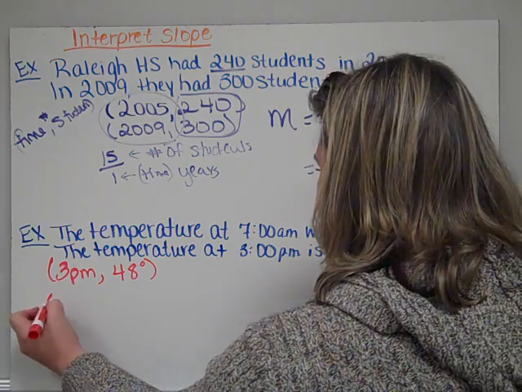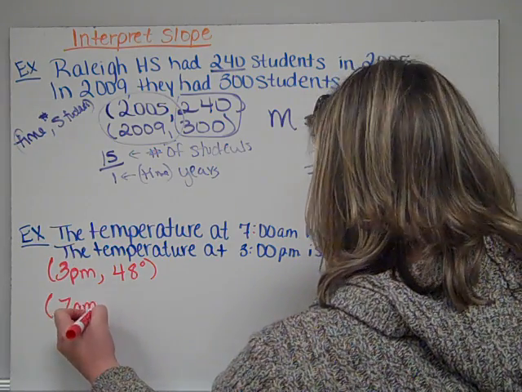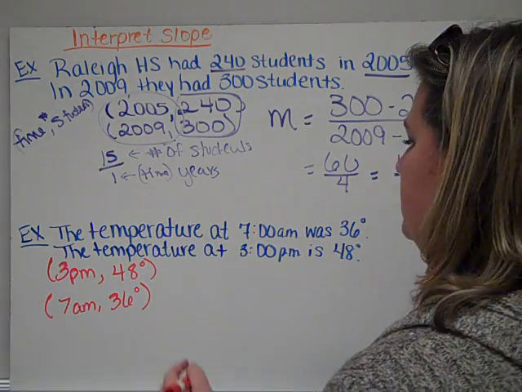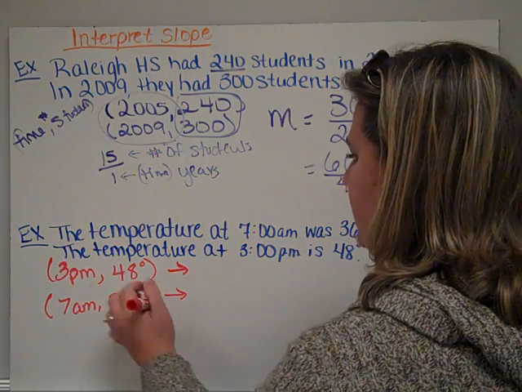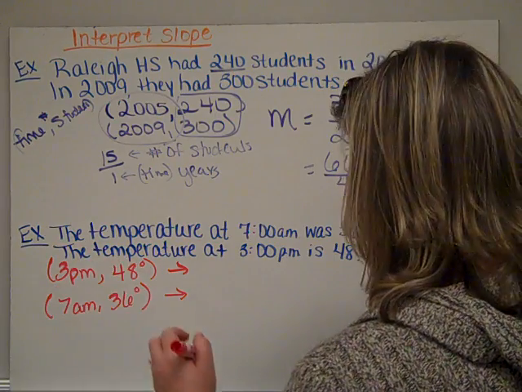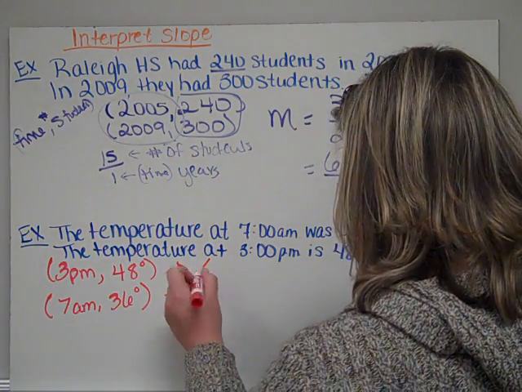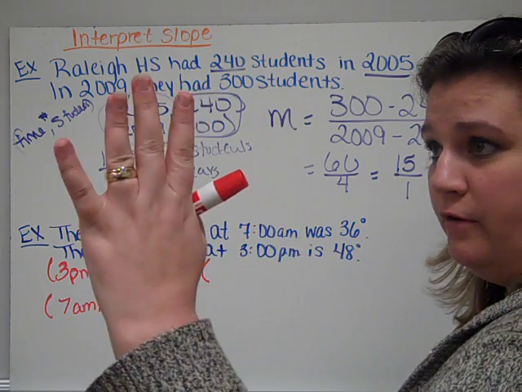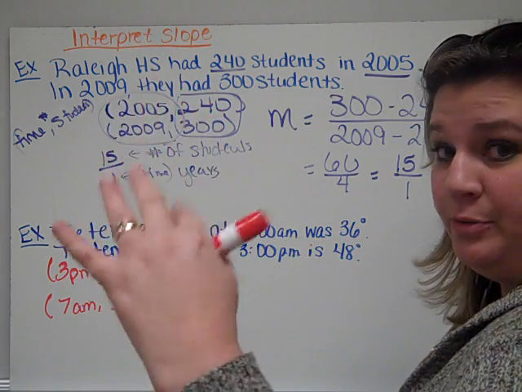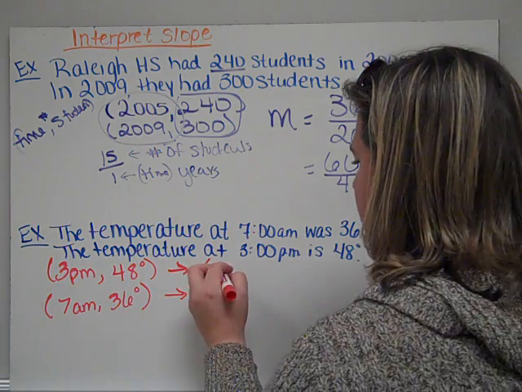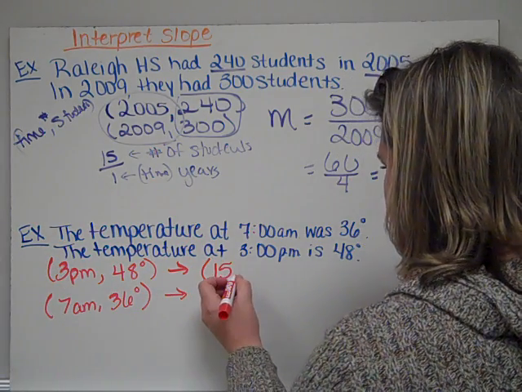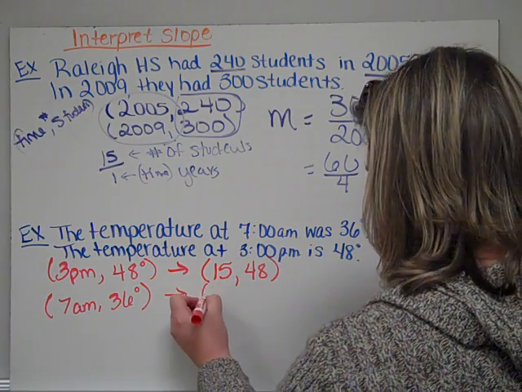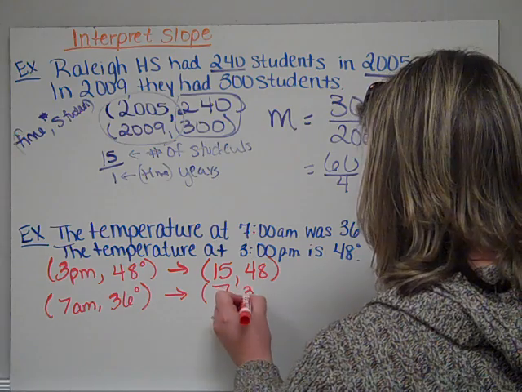And then at 7 a.m. is 36 degrees. Okay? So let's go ahead and change what it means that 3 p.m. is in military time. So 3 p.m. is, well, at 12 o'clock, you know, then we start at 1, 2, so at 12 to 3. So I need to add 3 to 12, so that's 1500. So 15 is what 3 o'clock is in military time. All right, and then 7, of course, is just 7.